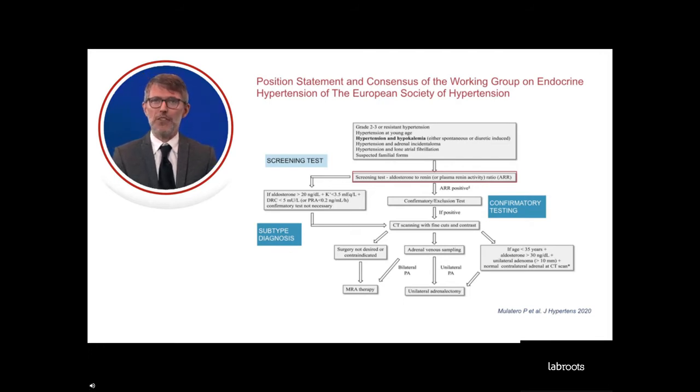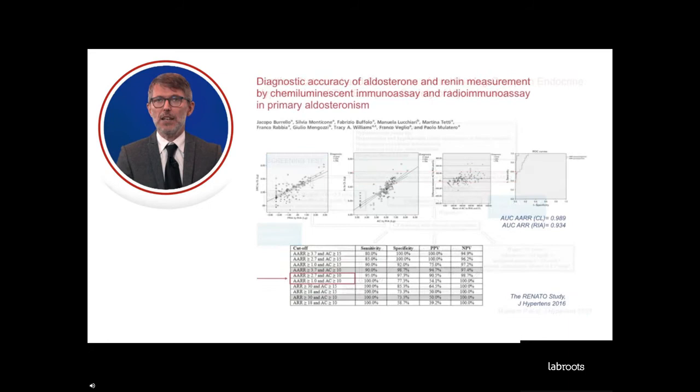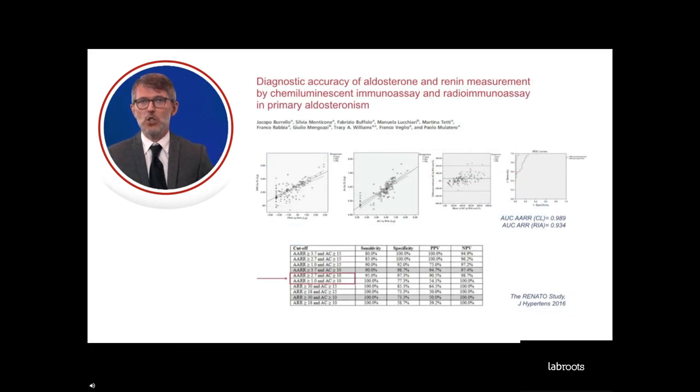They probably refer to old studies. Several recent studies show that the best performance of the screening test is with a cutoff between 1 and 2.7. For example, here in the Renato study, we observed the highest sensitivity in this range of ARR values.